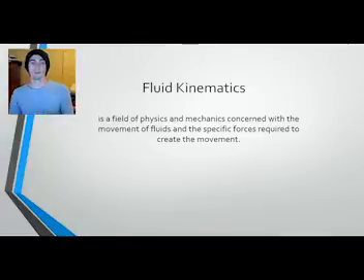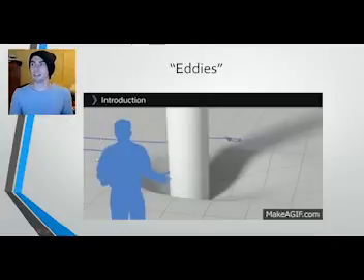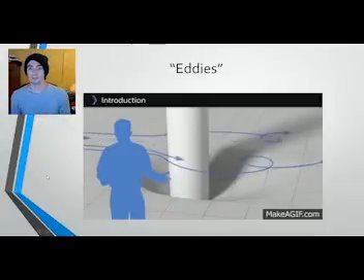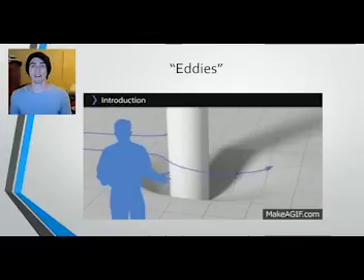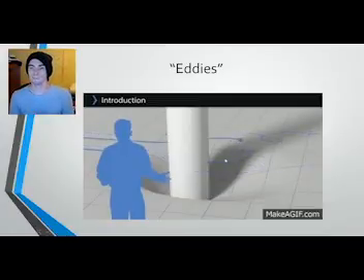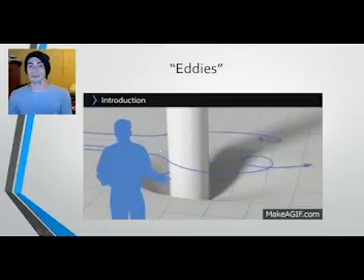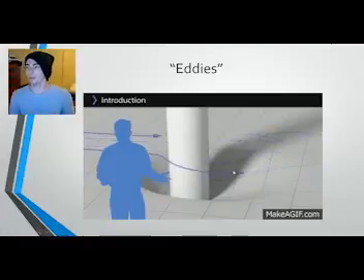In the field we call these areas of low pressure eddies. We generally see these eddies directly downstream of an object. As you can see in the image, the water moving from upstream to downstream is forced to travel a longer path around the substructure unit.